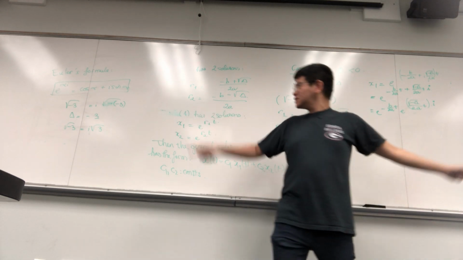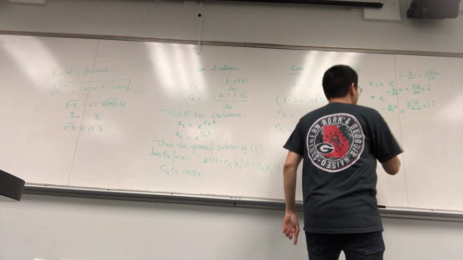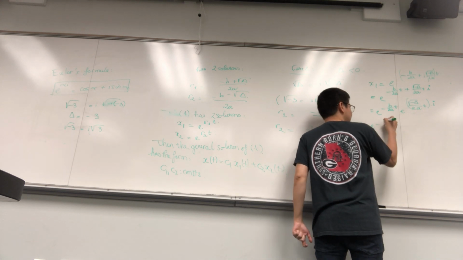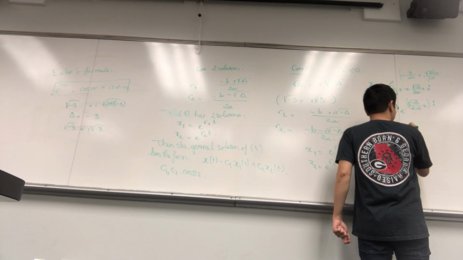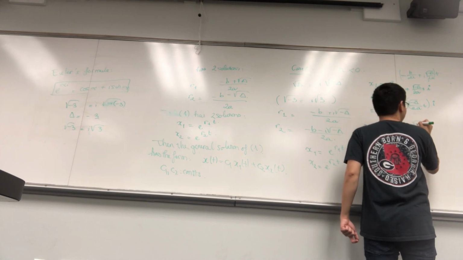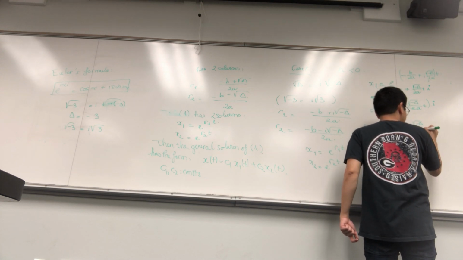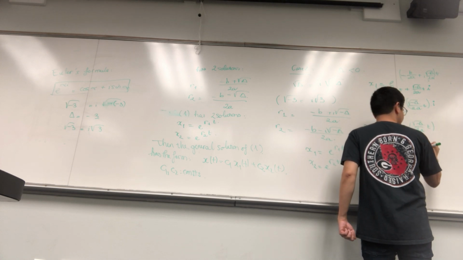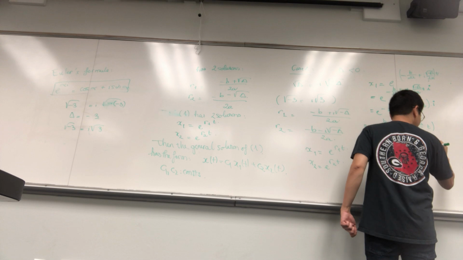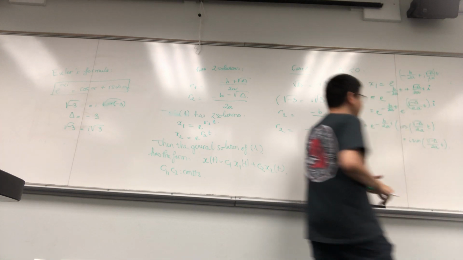Now I'm going to use Euler's formula. So I have e to the power minus b over 2a t times cosine of square root of delta over 2a times t plus I sine of square root of delta over 2a times t.